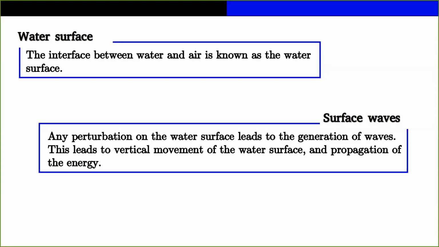Of course, we have different types of waves in physics. It can be an acoustic wave, it can be a cable wave. But in all of them, we have a wave that is being carried. In the case of surface waves or gravity waves or water waves, whatever you want to call it, we have the wave motion which is being generated on the water surface and is propagating on the water surface.